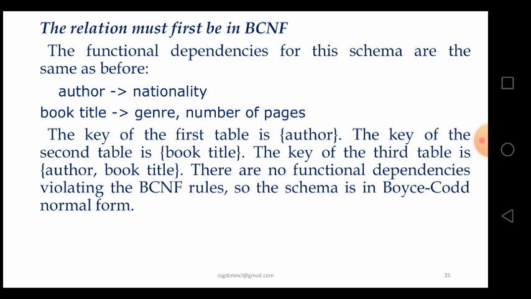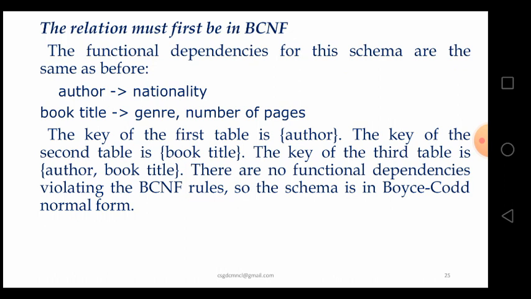The relation must first be in BCNF, Boyce-Codd normal form. The functional dependencies for this schema are the same as before: author to nationality, book title to genre, number of pages.